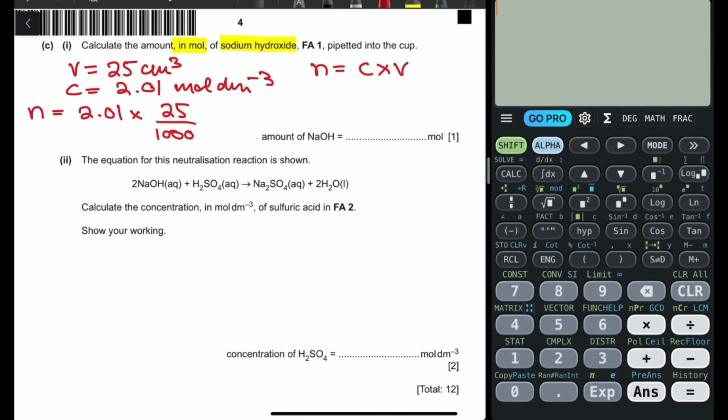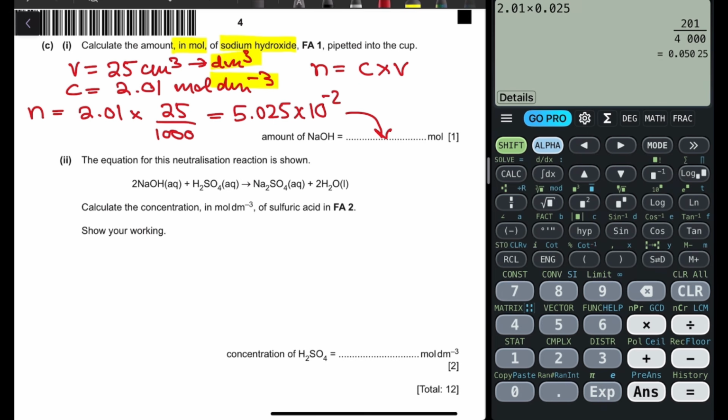We must divide by 1,000 to convert into decimeters cubed, so that the decimeter cubed units cancel out and we're left with moles. Now 2.01 times 0.025 equals 5.025 times 10 to the power negative 2. So that is our answer for the number of moles of sodium hydroxide.